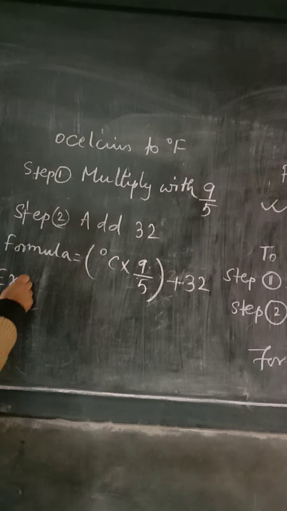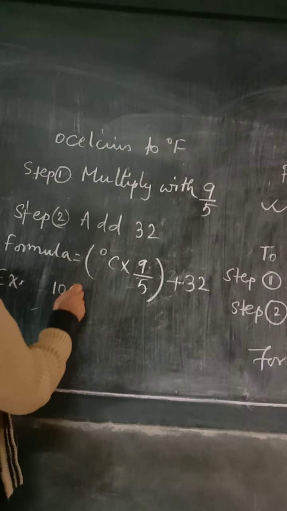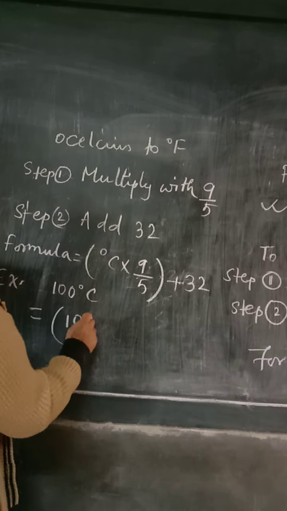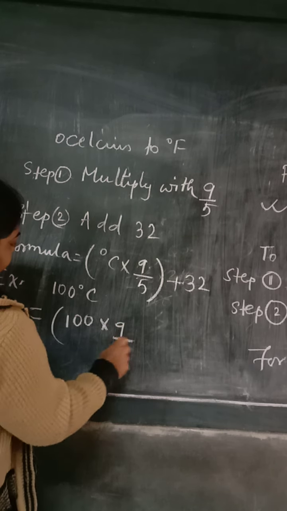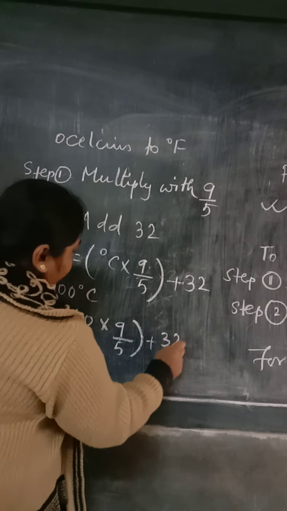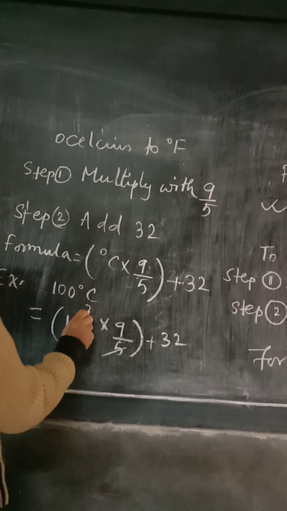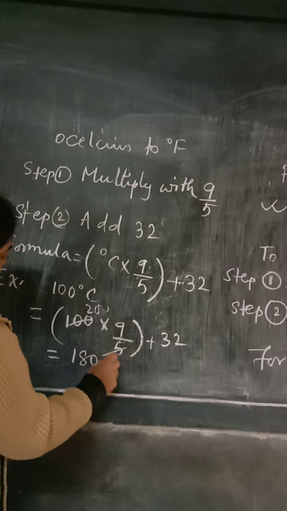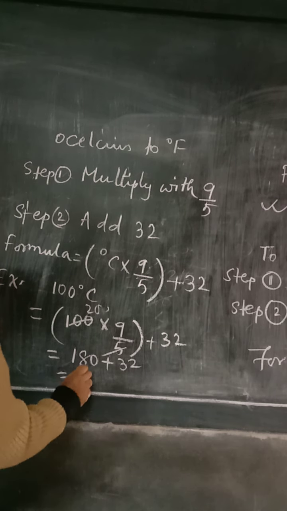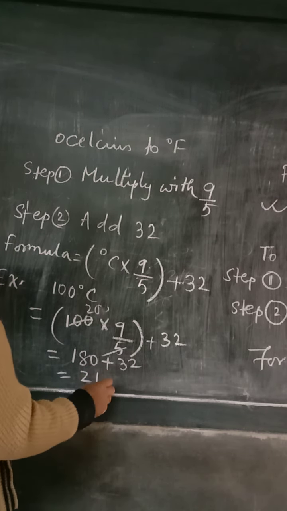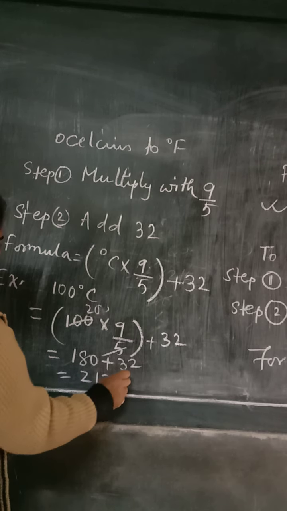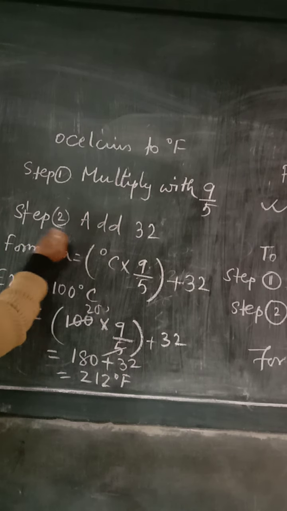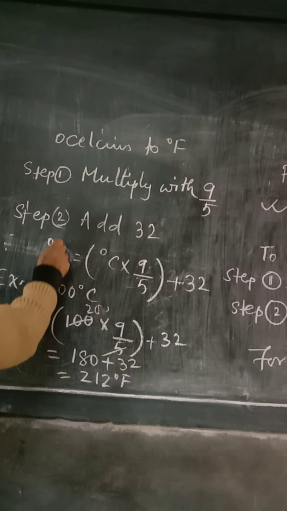Example, 100 degrees Celsius. So what will we write? 100 into 9 by 5 plus 32. That is 180 plus 32, or 212 degrees Fahrenheit.